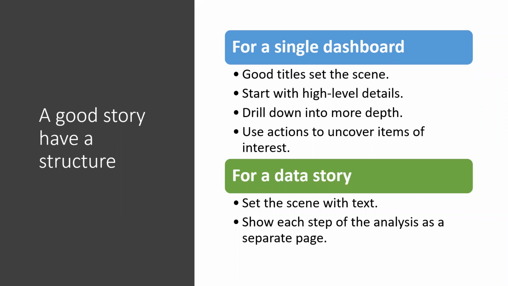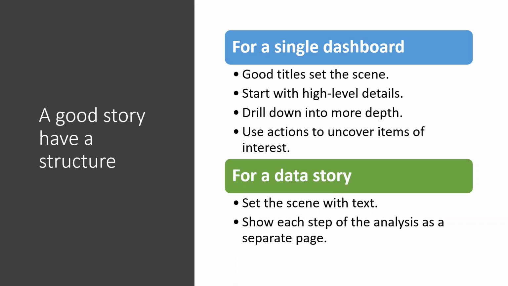So a good story has a structure. For a single dashboard, good titles set the scene. If you have a good title, you can understand what the dashboard is telling. It starts with high level details, then drills down into more depth. I'm talking about the explanatory dashboard, where we use actions to uncover items of interest.